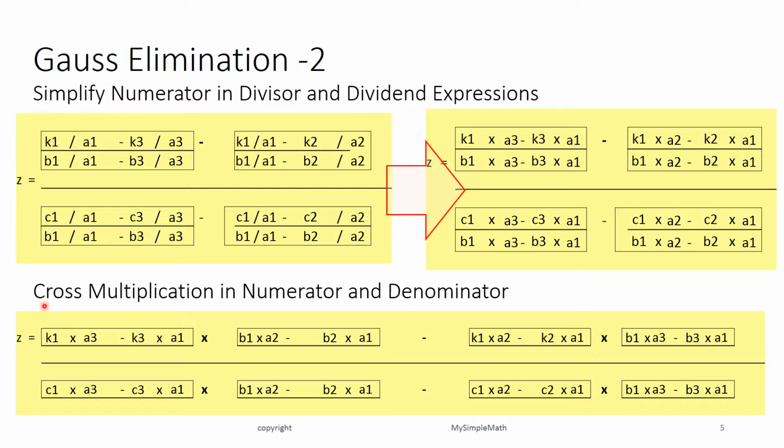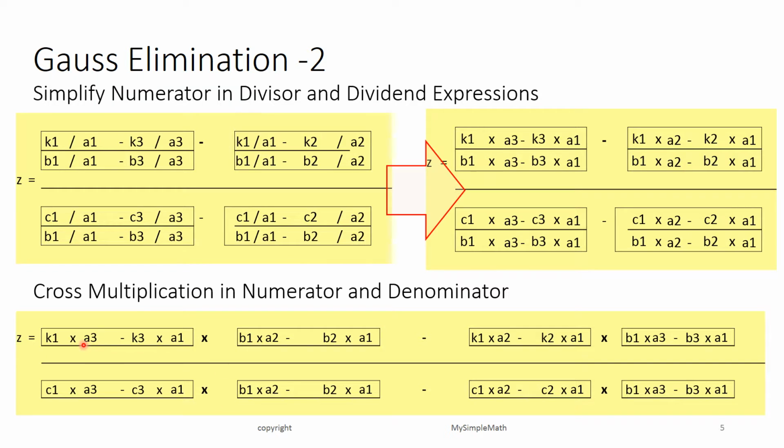Cross multiplication in the numerator and the denominator. Let's try to cross multiply k1 a3 minus k3 a1 times b1 a2 minus b2 a1, and k1 a2 minus k2 a1 multiplied by b1 a3 minus b3 a1.